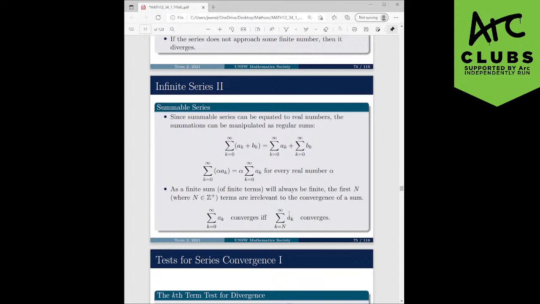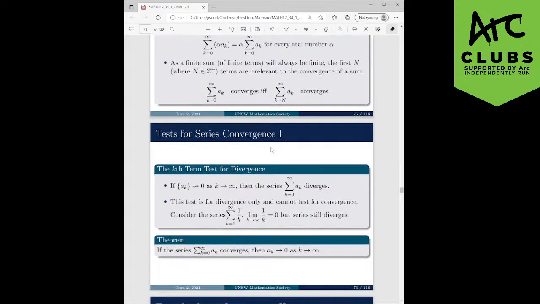If you prove from n to infinity that it converges to some finite number like 5, then all the things you left out, the 0 to n, add up to some finite number. You just add that on to the 5 you found, and lo and behold, your infinite series still approaches a finite number. So you only really have to prove the latter bits from n to infinity, if necessary. Of course, you can prove from 0 to infinity, but that's a neat thing to note.